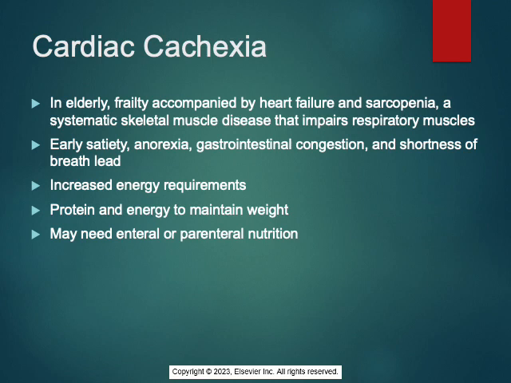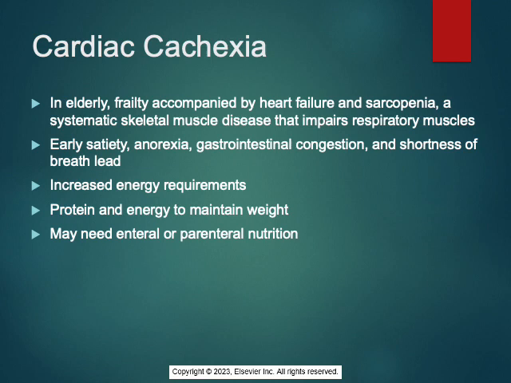Also, early satiety, so getting full really quick, anorexia, nausea, and GI congestion, slow motility, and shortness of breath lead to cardiac cachexia. And unless we manage the micros and the macros really well, our patients may have a micro and macronutrient deficiency.